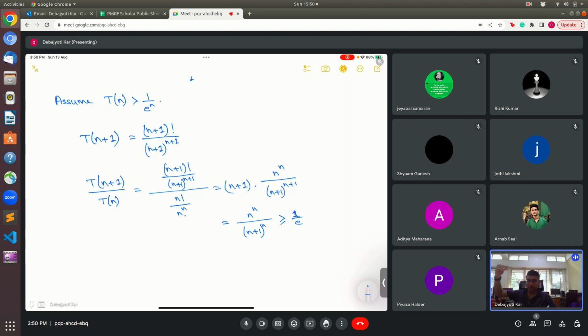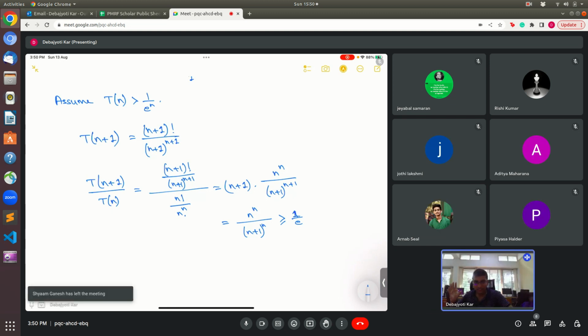So it starts from half and then monotonically decreases, and as n goes to infinity it reaches asymptotically 1 by e. So for any finite n, this number lies in the range 1 by e to half. Because 1 by e is the limiting value of this sequence, this quantity is always more than 1 by e.